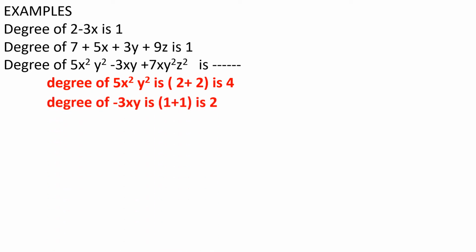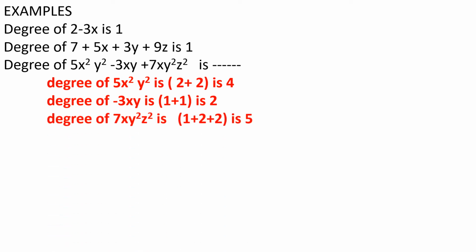What about the second term? Degree of x is 1, degree of y is 1. So 1 plus 1 is 2. What about the third term? Degree of x is 1, y is 2 and z is 2. If you are going to add all these degrees, it will be 5. Now if you are going to compare all these degrees, which is the highest degree over here? 5. So the degree of this polynomial is 5.